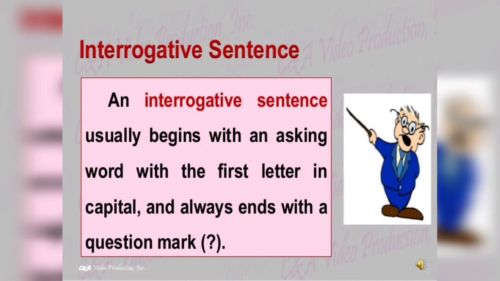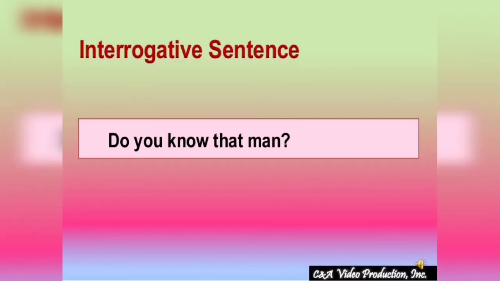If you remember the sentence which I had given you, it had begun with the capital letter, that is do. D was capital. And once the question was asked, we had put a question mark at the end of the sentence. So you can keep it in mind what exactly is an interrogative sentence and how it has to be written and how it has to be asked.